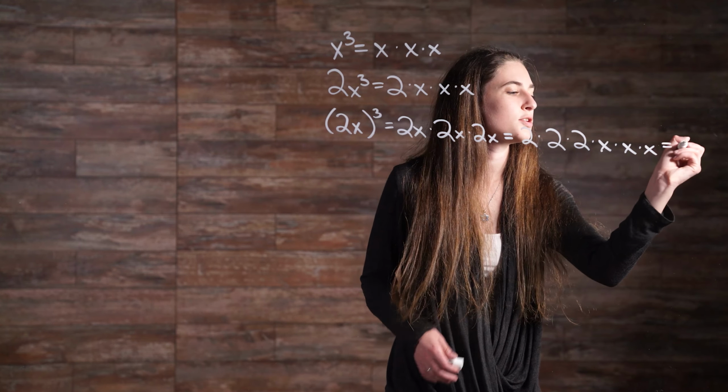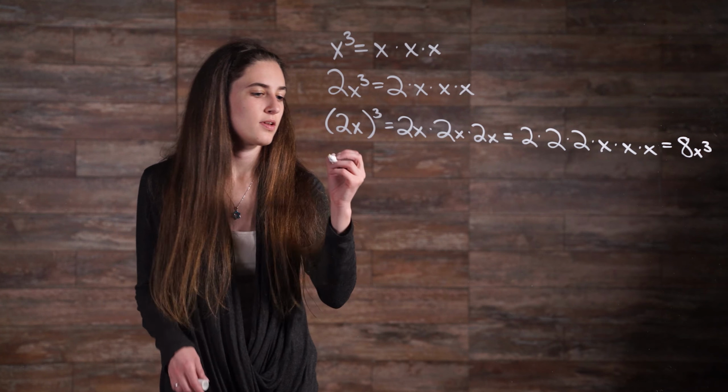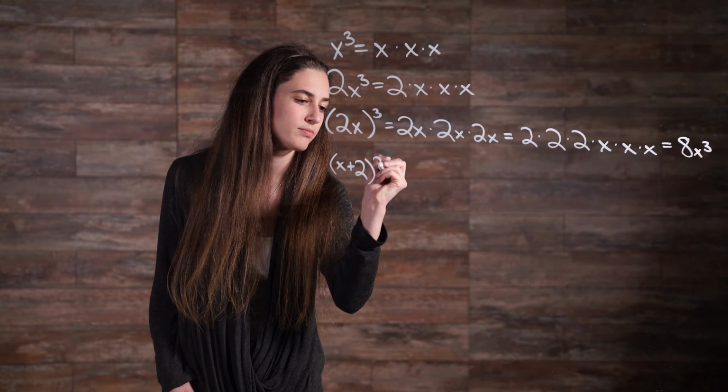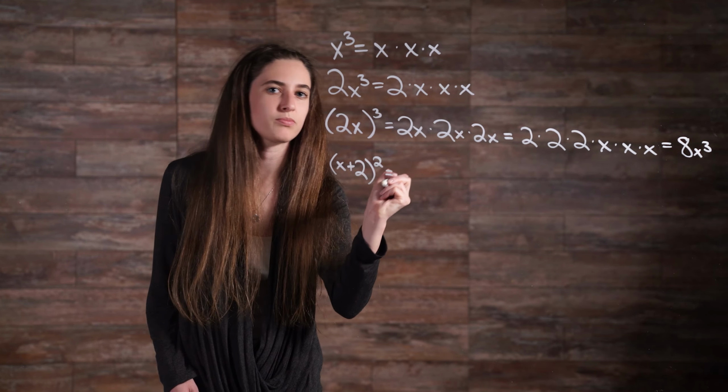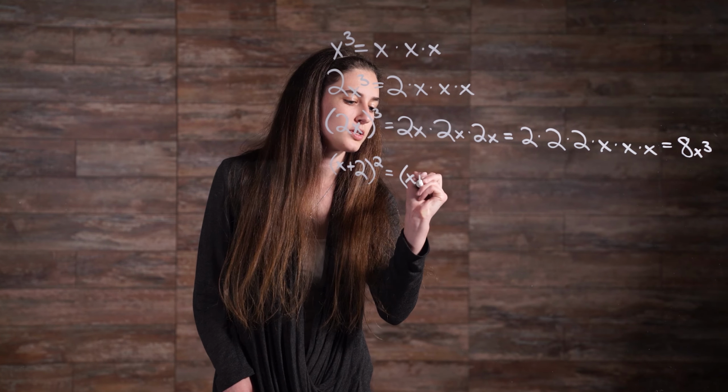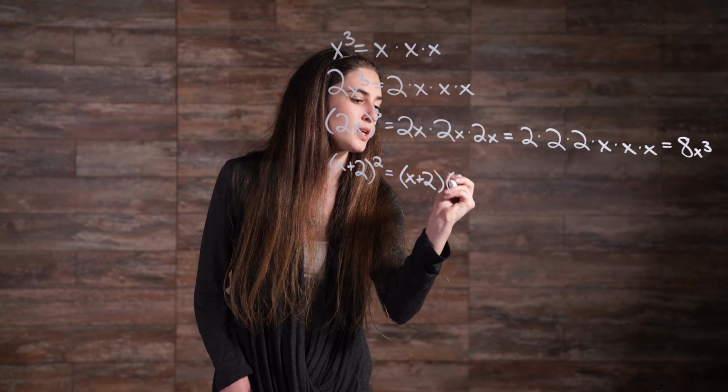Let's try one more example before we go. (x plus 2) squared. Once again, the parentheses here are used to define the base to be x plus 2. The exponent of 2 instructs you to multiply this base by itself twice. So it equals x plus 2 times x plus 2.